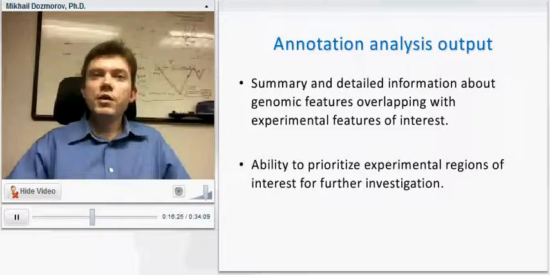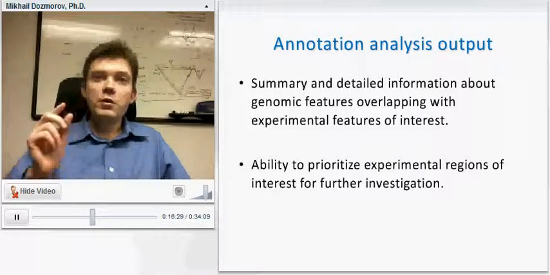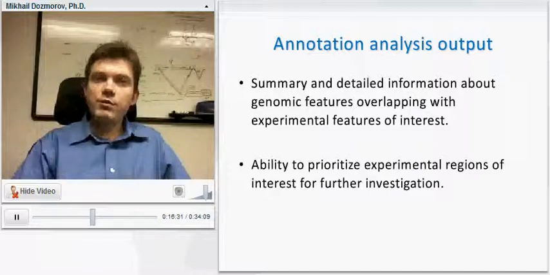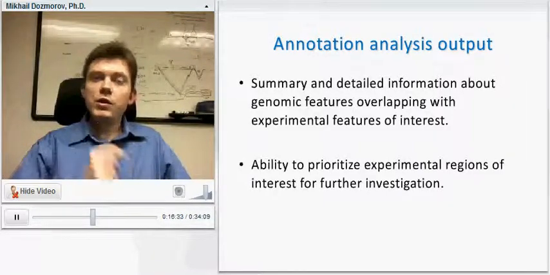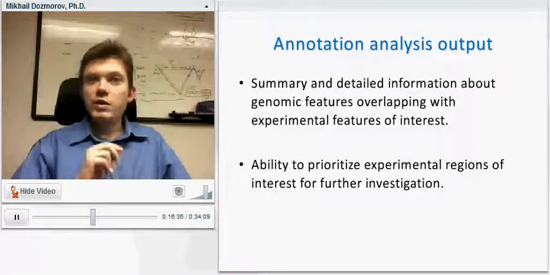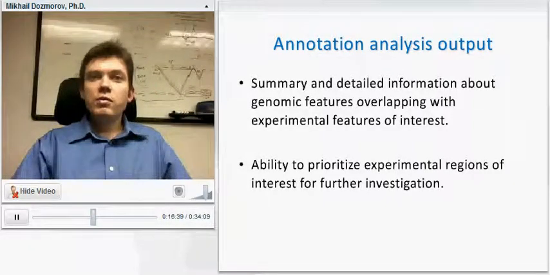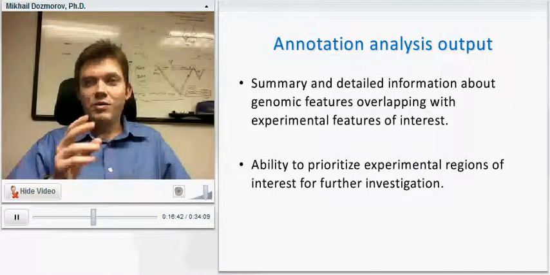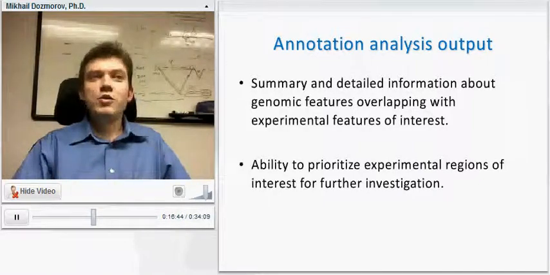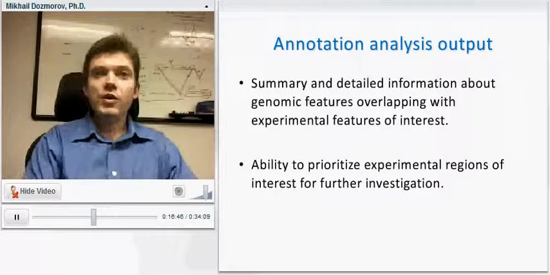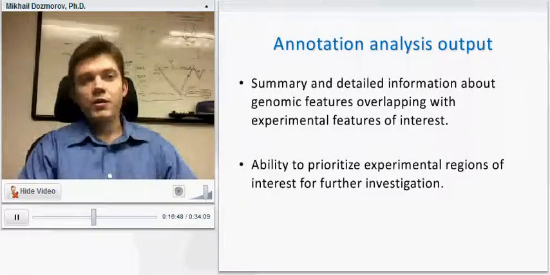Let's say you have 100 regions of interest and you find that one of them correlates with a transcription factor binding site, with a DNase hypersensitive site, with several methylation marks. So this region, just by the number of co-localized genomic features, is quite interesting to consider for further investigation.